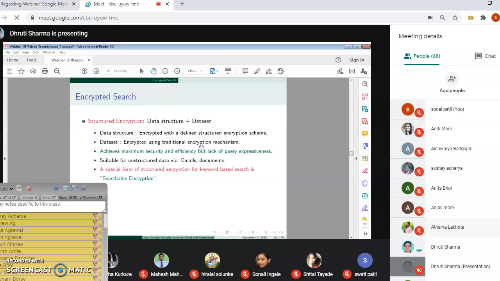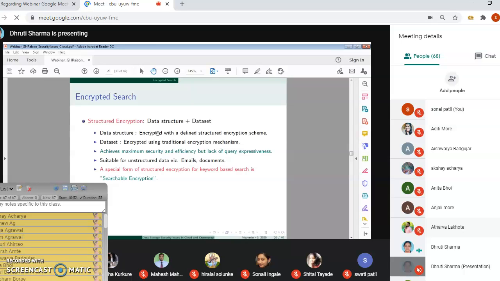It is basically suitable for unstructured databases also. It is suitable for structured data also. Structured data means your database, okay, where you have rows and columns kind of form. Whereas it is also suitable for unstructured data, and that is currently the major requirement in today's scenario.